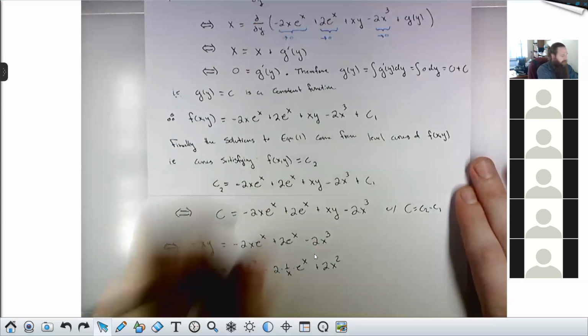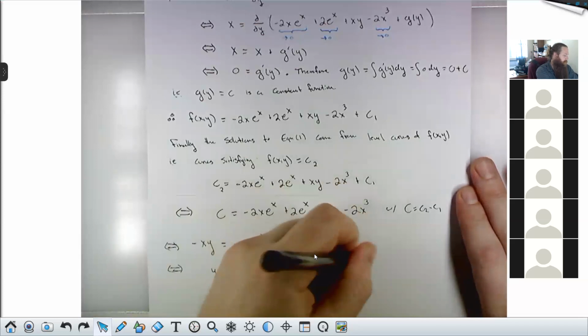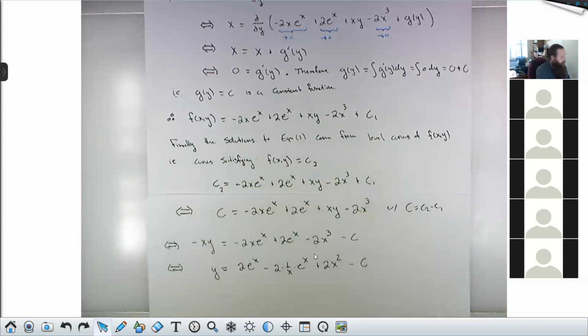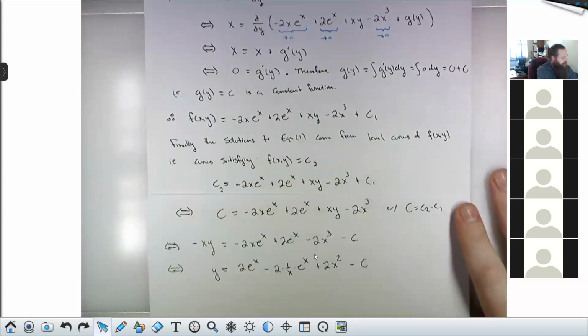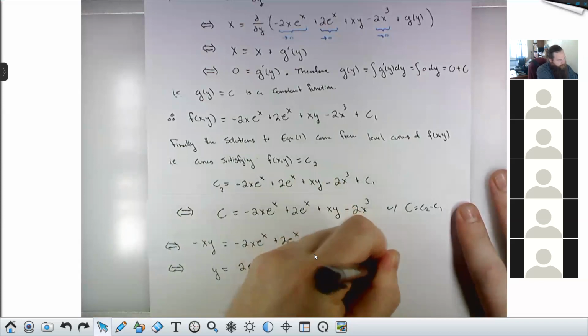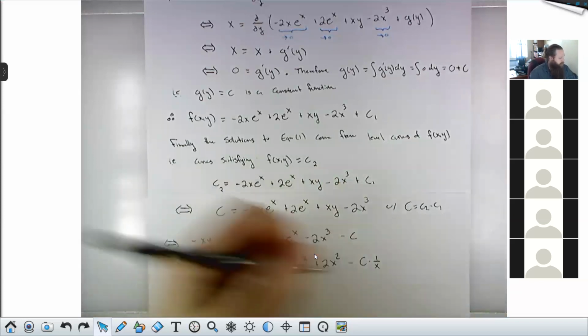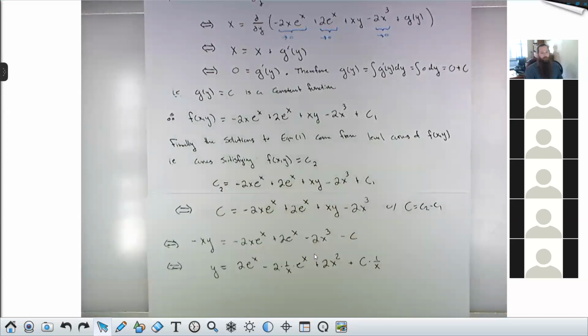Minus c over here. So I subtracted the xy over here, subtracted the c over here, and this should then have a c over x, c times. False. Change that. Yeah, there we go.